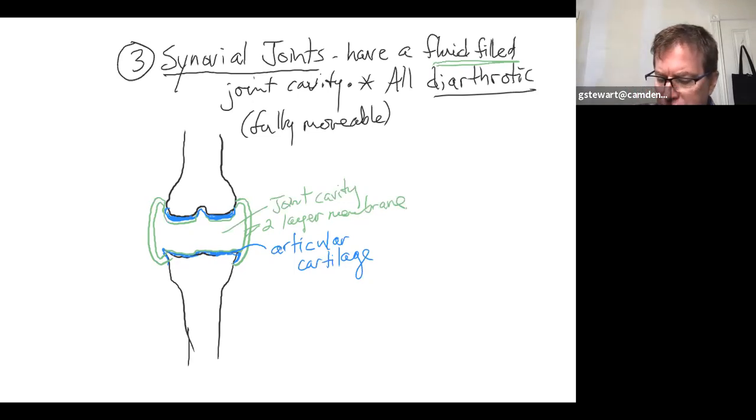Then exterior to that, there is a fibrous layer. I'll use yellow. There's a fibrous layer of tissue that actually acts like an extension of the periosteum that is covering these two bones. So I'm going to extend this fibrous layer. The periosteum basically just comes down and helps encase this joint.